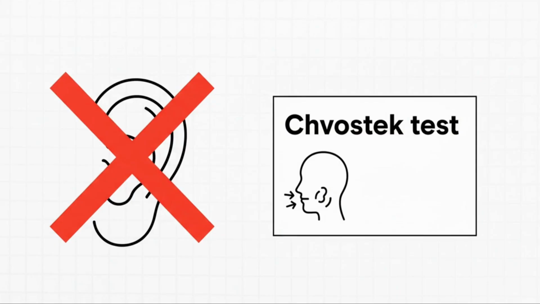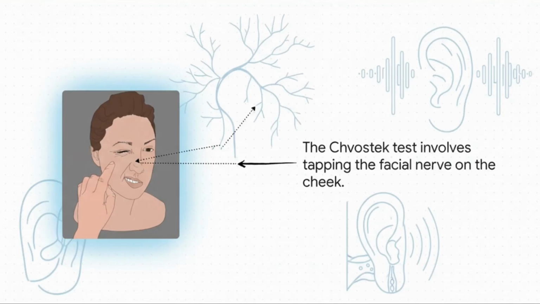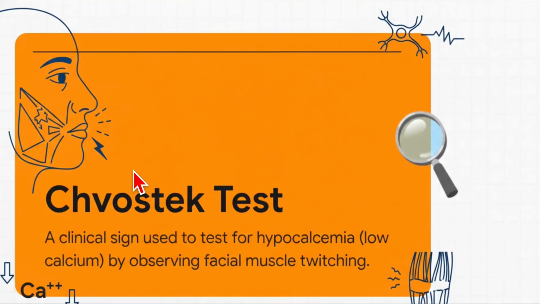Now again, Chvostek's test, not related to hearing. So what exactly is it used for? Some of you might have guessed already. Basically it taps the facial nerve on your cheek, about 2 centimeters in front of your ear, you just tap with your fingers. When you do this, it's a clinical sign used to test hypocalcemia, that is decreased calcium levels.